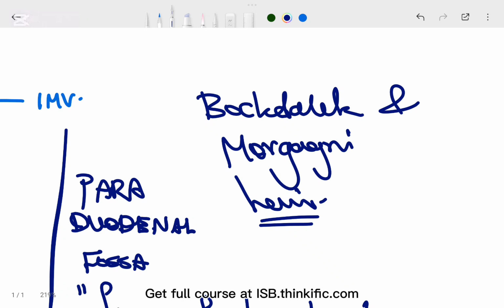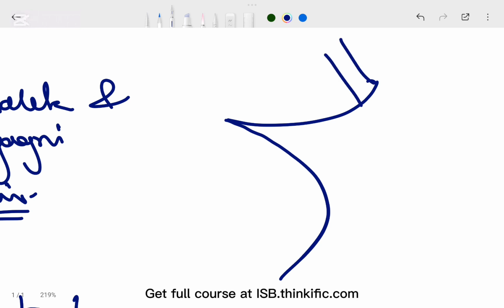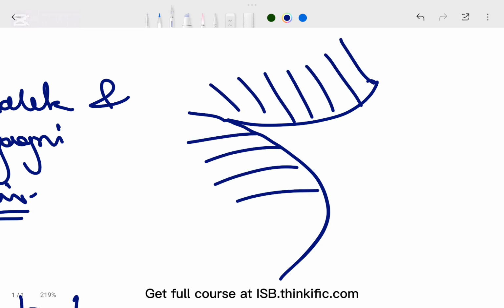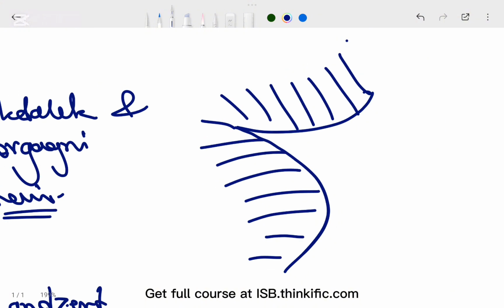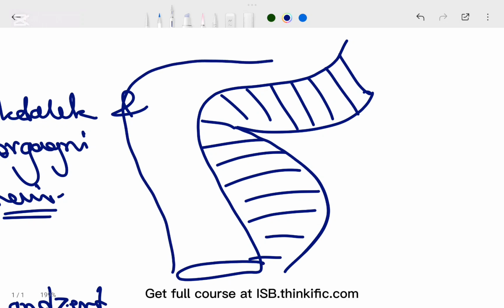And also we have two more locations. You know the sigmoid mesocolon? The root of the sigmoid mesocolon is V-shaped, like this, and the mesentery emerges out from that V-shaped root. Of course the sigmoid is hanging over here by its mesentery.